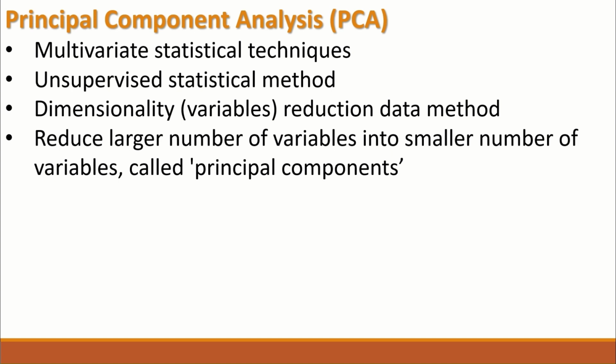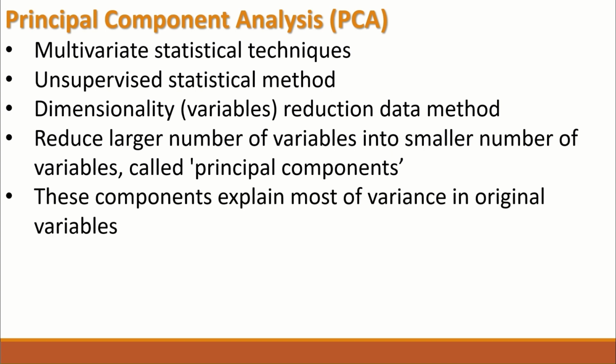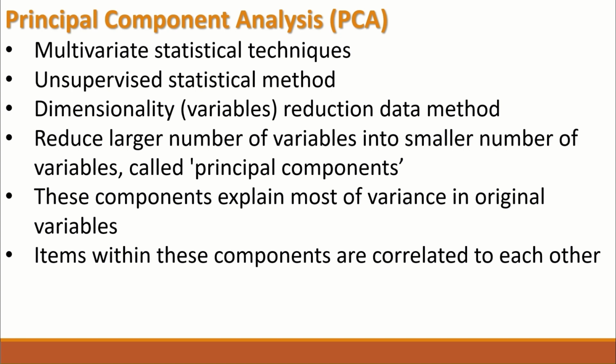So the objective from performing the PCA is to reduce the number of variables and arrange these variables into groups called principal components. These components explain most of the variance in the original variables or data. Items within these components, or variables or questions, are correlated.